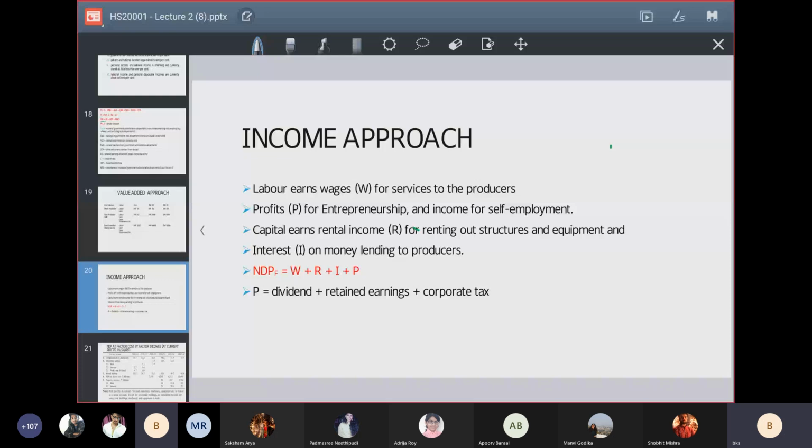Then in that case we do not have this division, because whatever the earning is belongs to that individual. In that case we do not have this division of W, P, R and I, because all of them together go to that individual, and those individuals are known as self-employed. So when we have this self-employed, the income earned is known as mixed income.